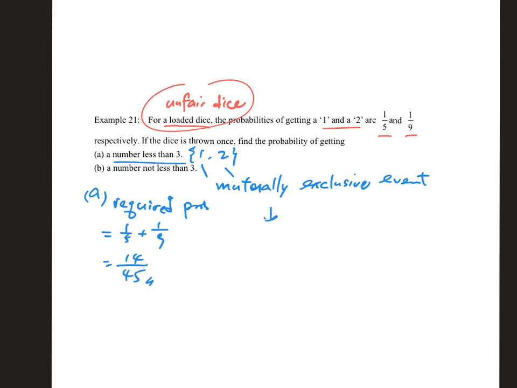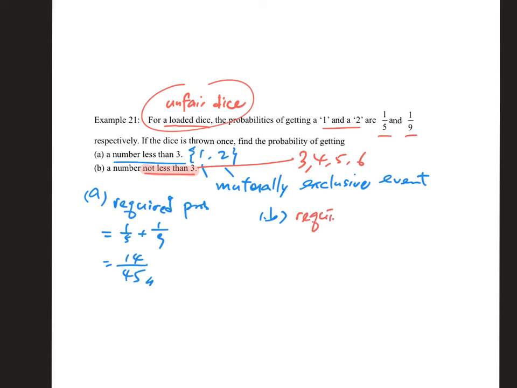Okay, second situation, part B. Not less than 3. What do we mean by not less than 3? Not less than 3 means 4, 5, 6, right? Do we include 3 as well? Is 3 less than 3? Not really, so that's why 3 should be included.